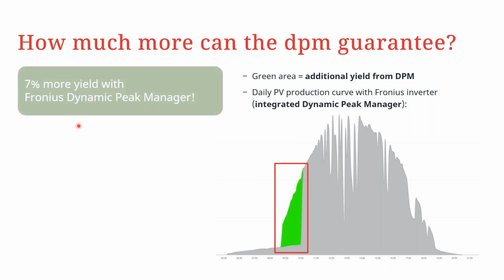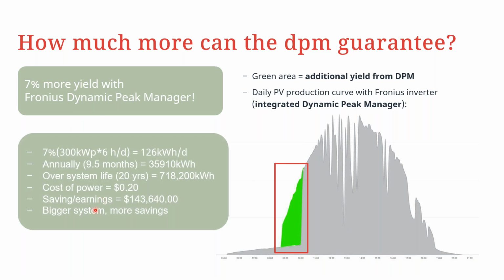To put it into perspective, the Dynamic Peak Manager from Fronius can give you 7% more yield. Just to take an example, if you have a 300 kilowatt peak system that is operating 6 hours per day, this 7% means that you can produce an additional 126 kilowatt hours per day compared to an inverter that does not have a Dynamic Peak Manager.